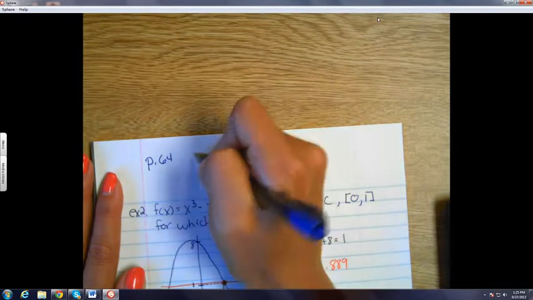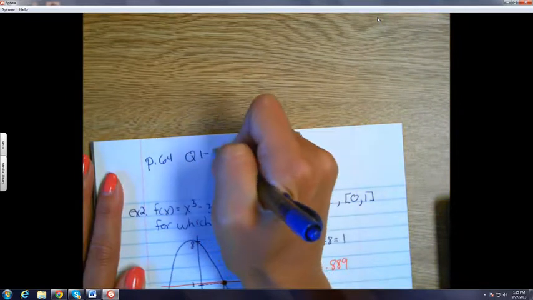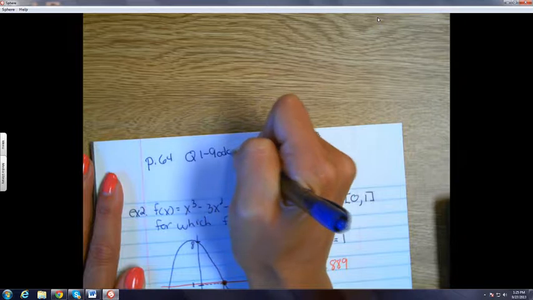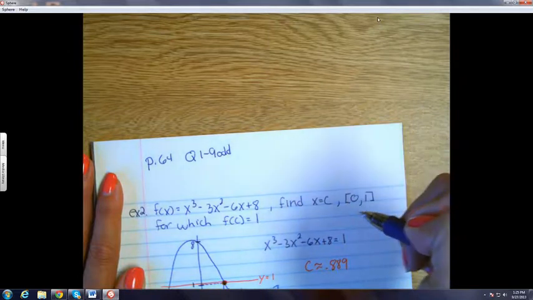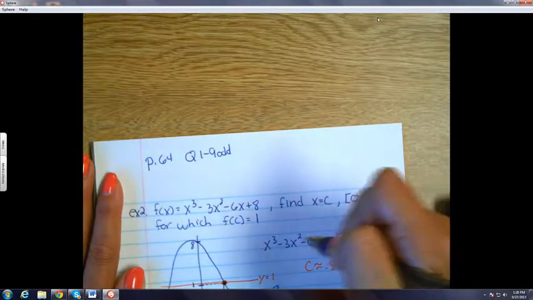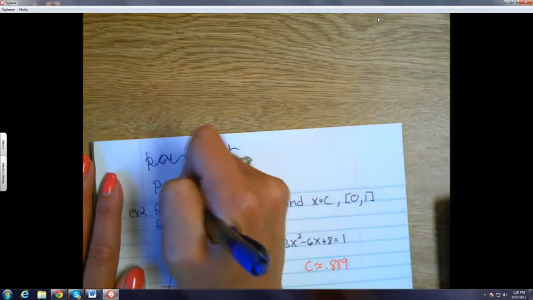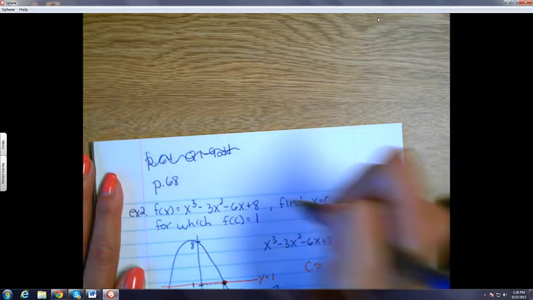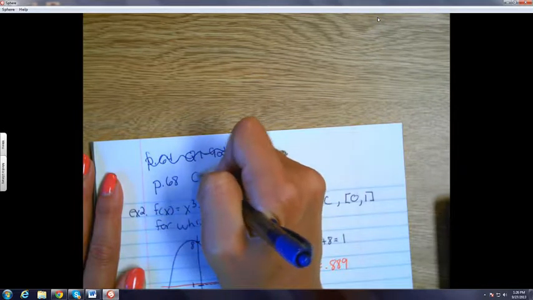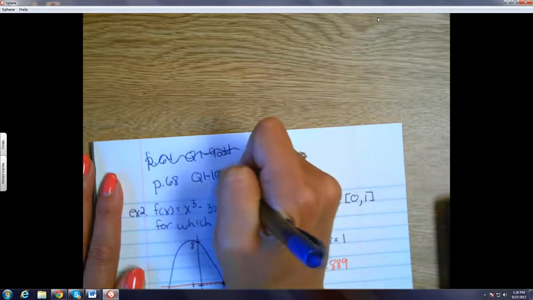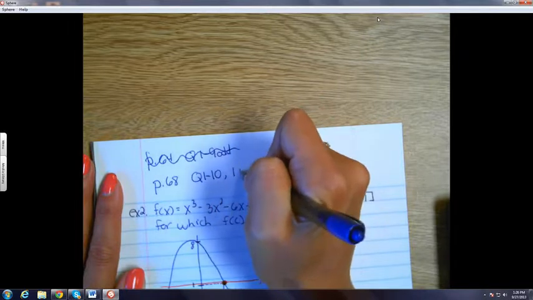Quickies 1 through 9 odd. Oh, I lied. Page 68. Quickies 1 through 10. Problems 1 and 2 only.